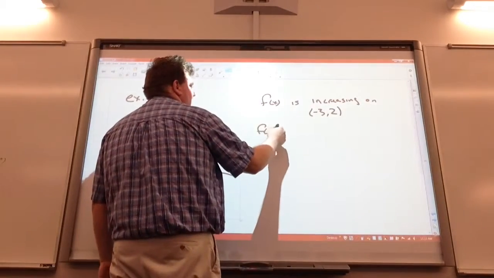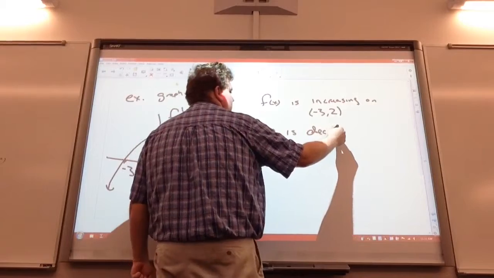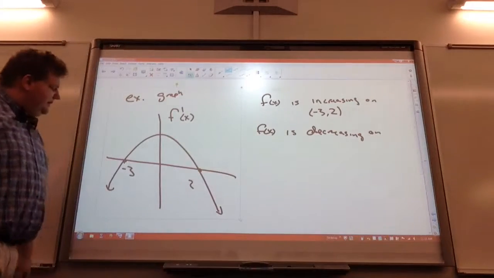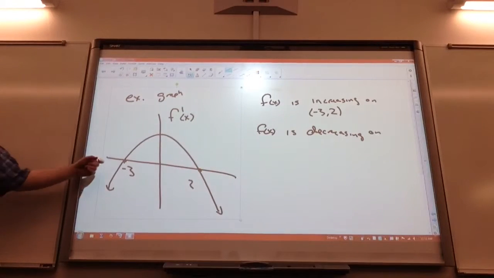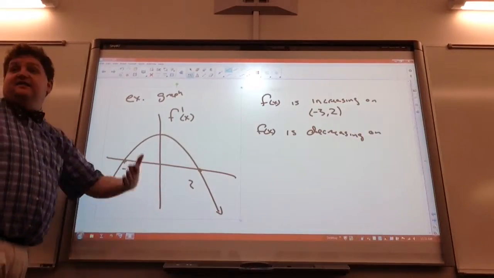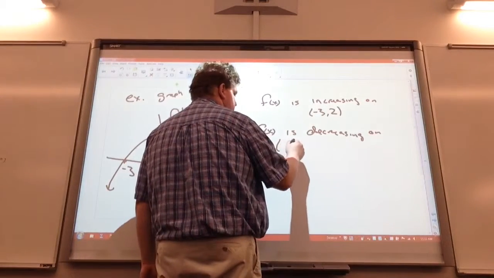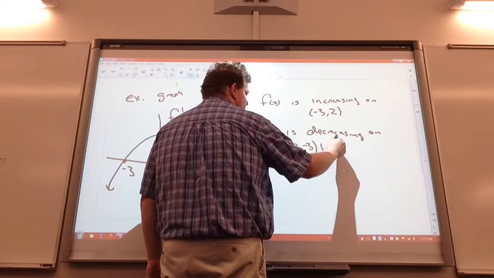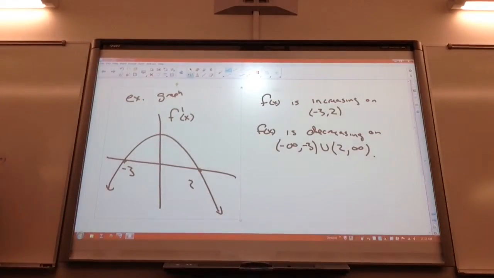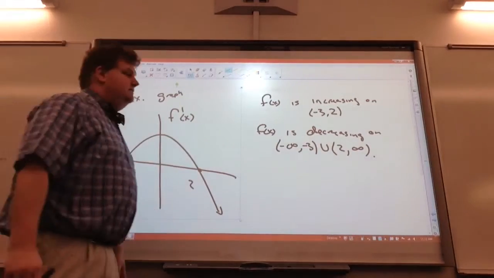F of x is decreasing on, from where to where? -infinity to -3, and 2 to positive infinity, because that's where f prime of x is less than 0. And lastly, where does this thing have maximums and minimums? At -3 and 2. -3 being a minimum, 2 being a maximum.